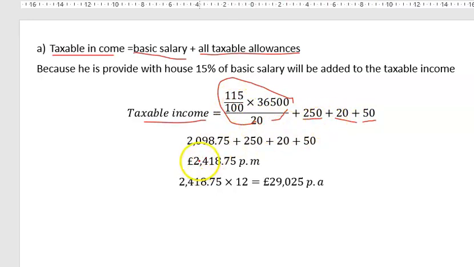And by so doing, I'm getting a total of 2,098.75 plus 250 plus 20 plus 50. If you add everything, you get that the taxable income is 2,418.75 per month.